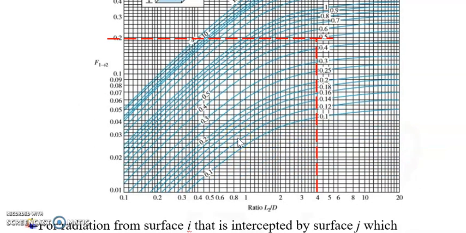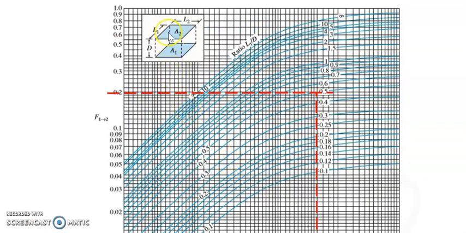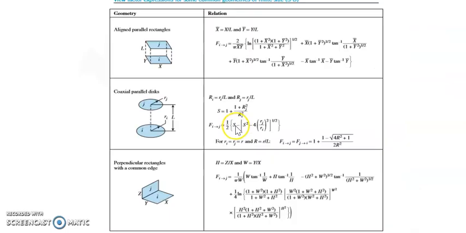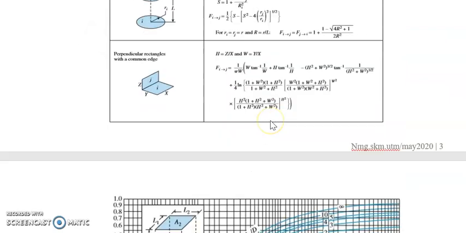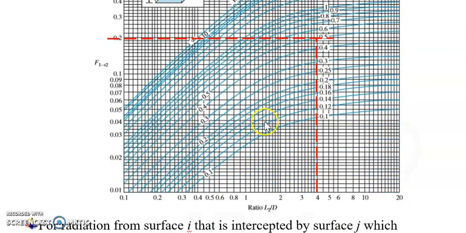And for this figure, if you know the ratio of L2 over D, it intersects the line of L1 over D somewhere here, and you may determine your view factor reading it across. It's not as accurate as having an equation to represent the view factor.